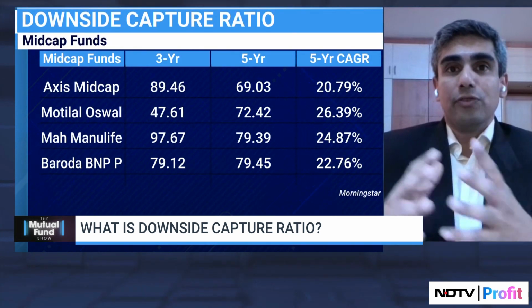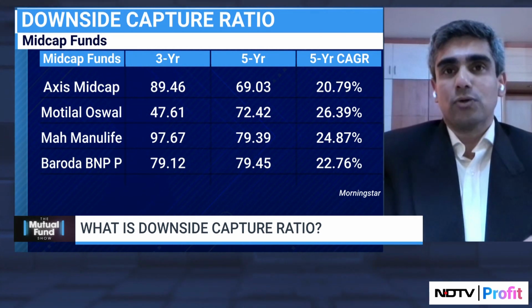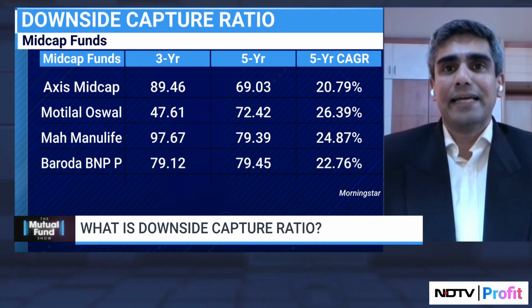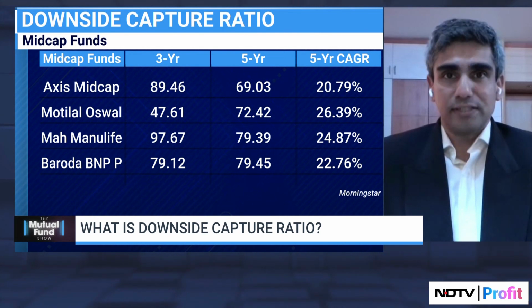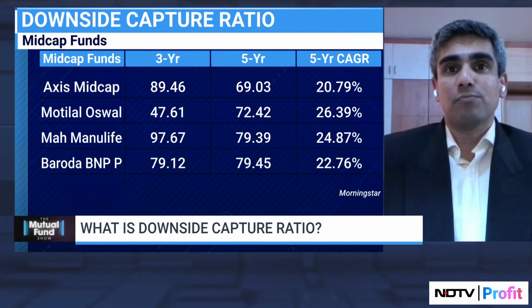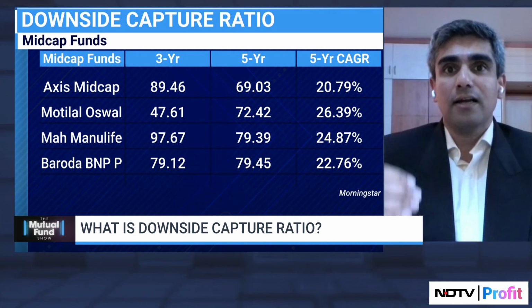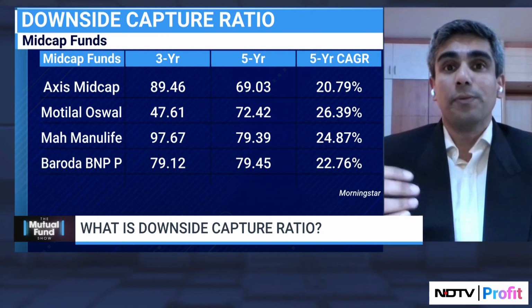In those particular months, how did the fund perform versus the index? Suppose in those 30 months, the index on average fell 1% per month. Suppose the fund's fallen only 0.8%. So it's fallen less than the benchmark, and the down capture ratio would be 80%.